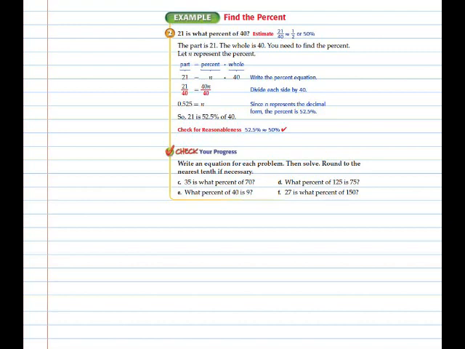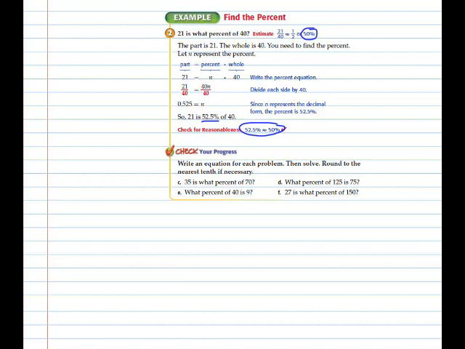They get 0.525 equals n. To change that to a percent, it's d to p, 2 places to the right. So we get 52.5%. Our estimate up here was 50%. We believe that 52.5% is a reasonable answer.